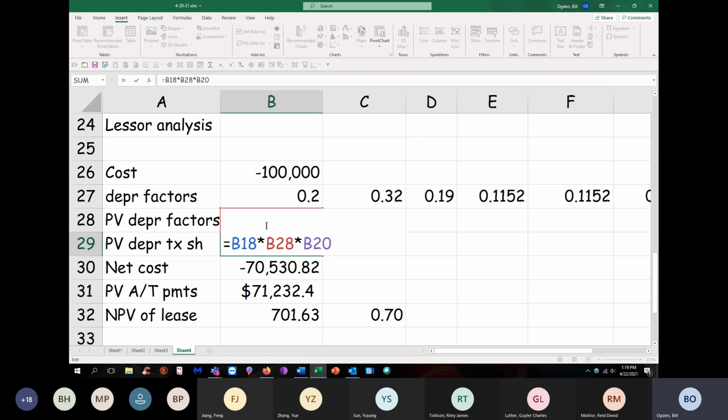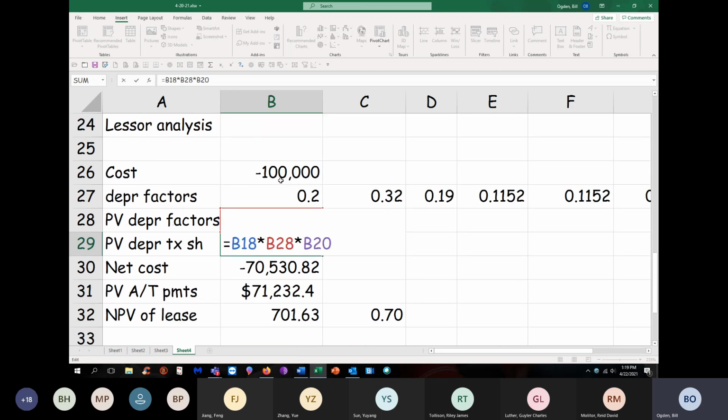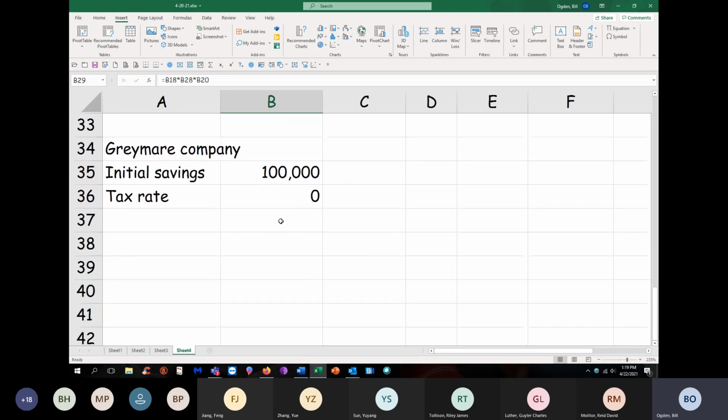Well, the tax rate's 0. So where we're multiplying by 0.35 for the lessor, we are multiplying by 0 for Graymare, the lessee, and that makes this term go to 0. So there is no opportunity cost related to the non-ownership of the asset for the depreciation tax shields.